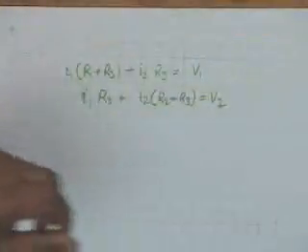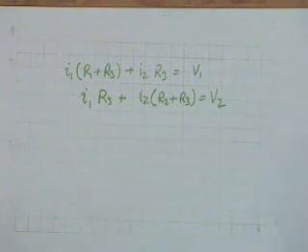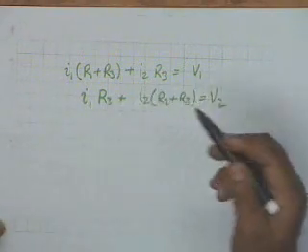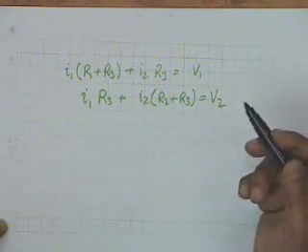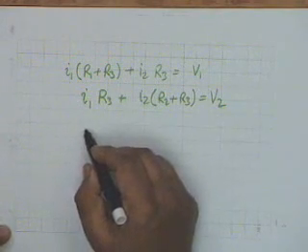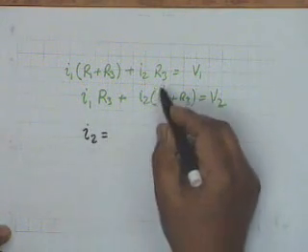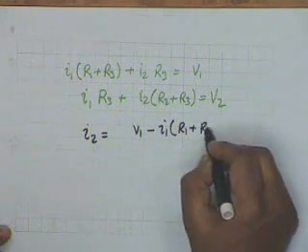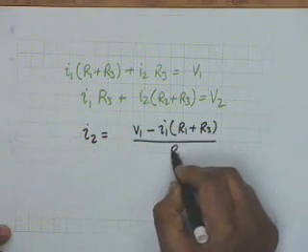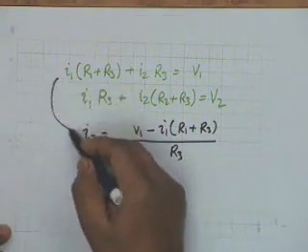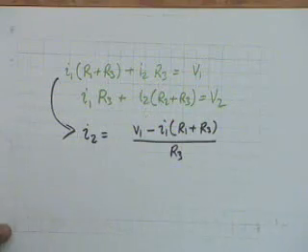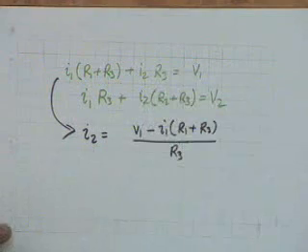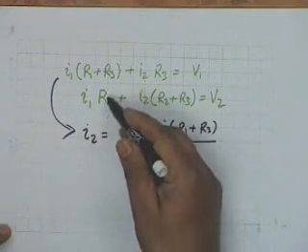One of the simple-minded ways of solving this would be to eliminate one of the variables. There are two variables, I1 and I2, so you eliminate one of them. For example, from the first equation you could write I2 as equal to V1 minus I1 times R1 plus R3, the whole thing divided by R3, and substitute this in the second equation.